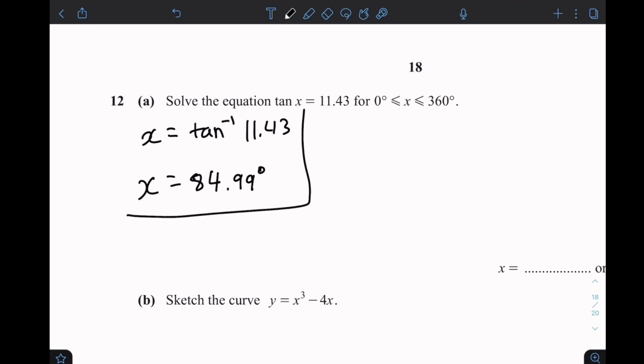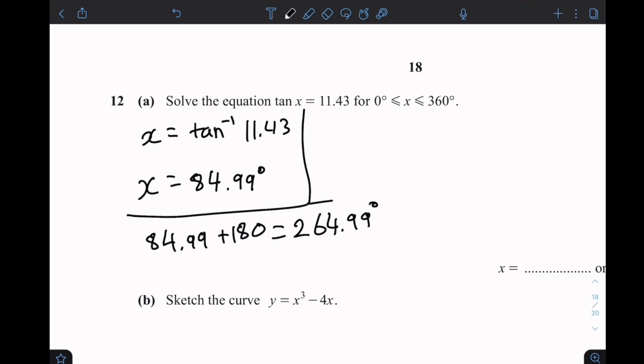Now there are certain formulas that you would have to follow. So one is that you can do 84.99 and add that to 180, which, I'll tell you why.